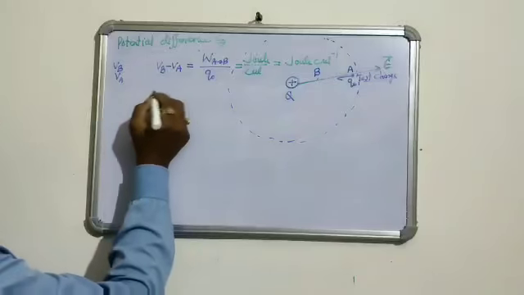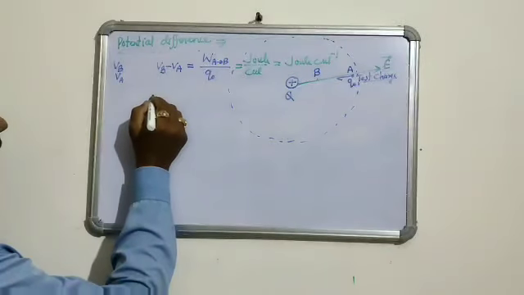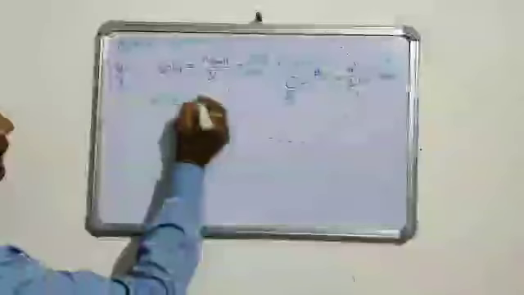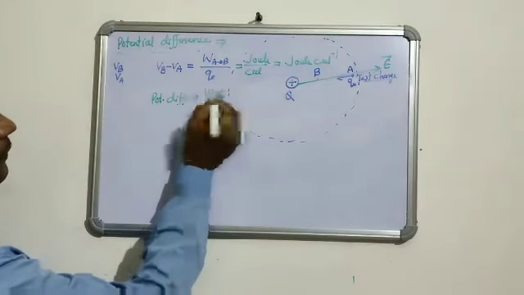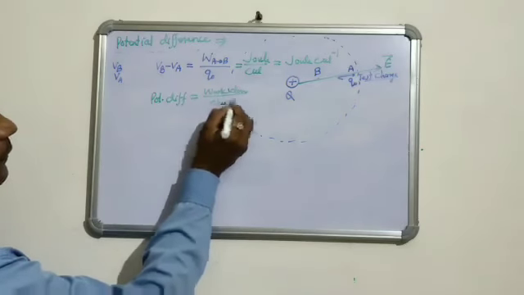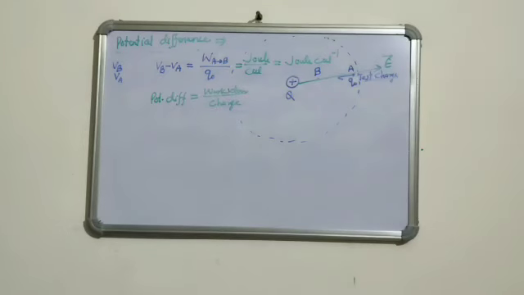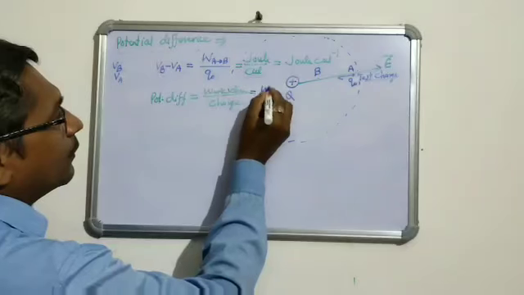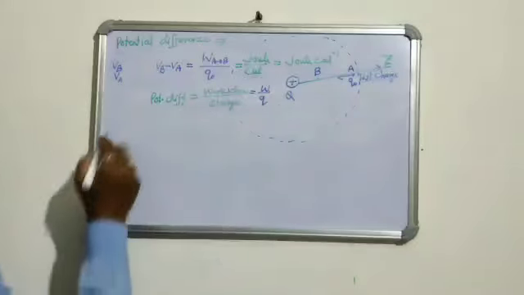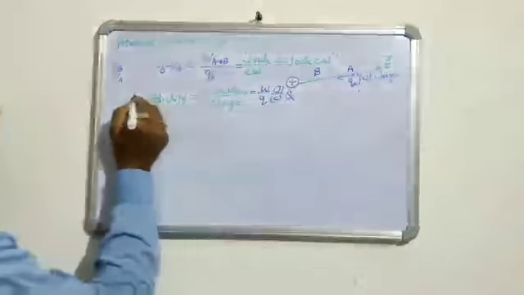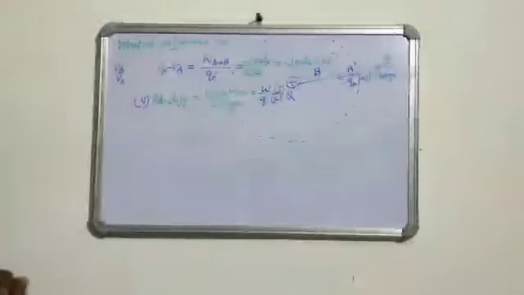Or in another way, potential difference equals work done upon charge. Work done is W, charge is Q, the unit of work done is joule, the unit of charge is coulomb, and the unit of potential difference is volt.